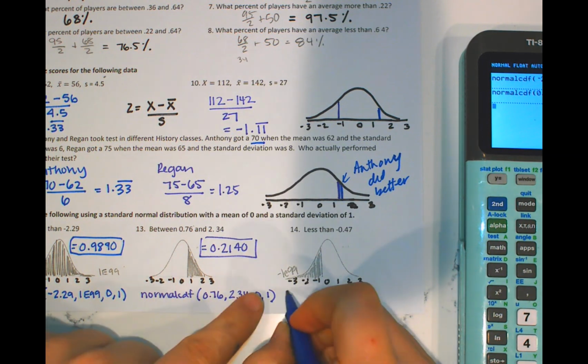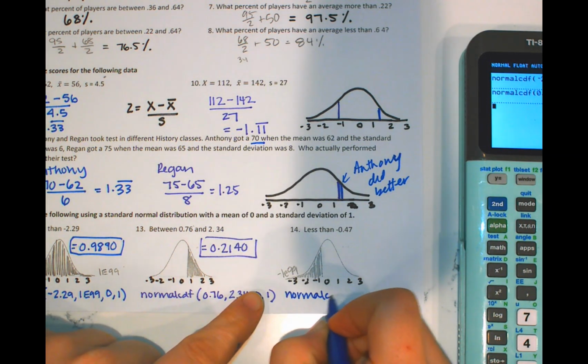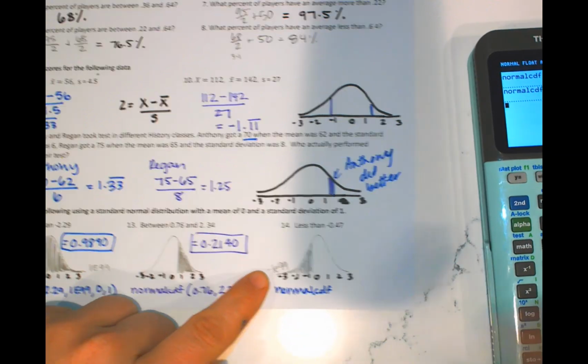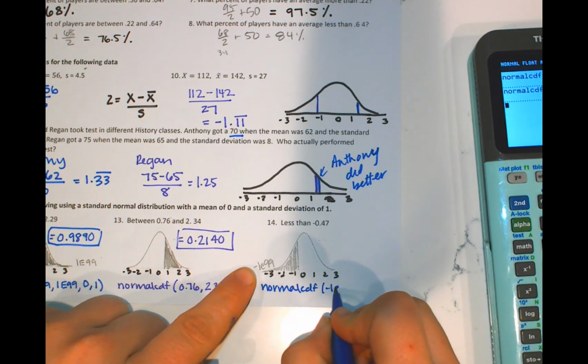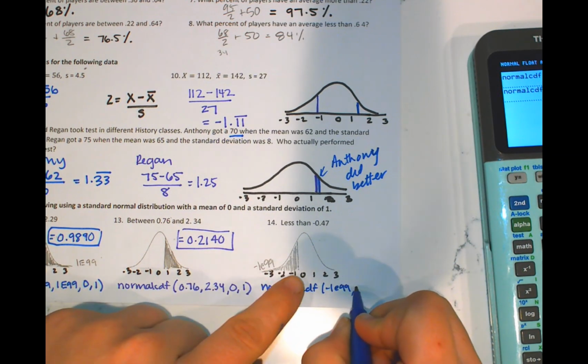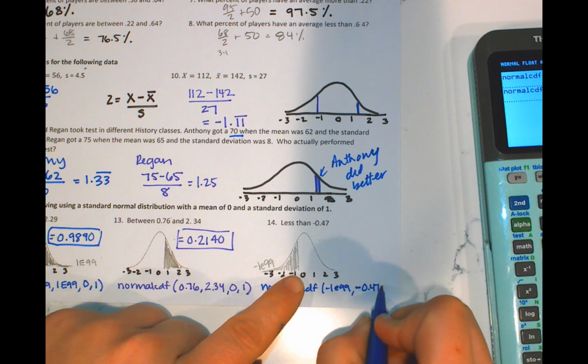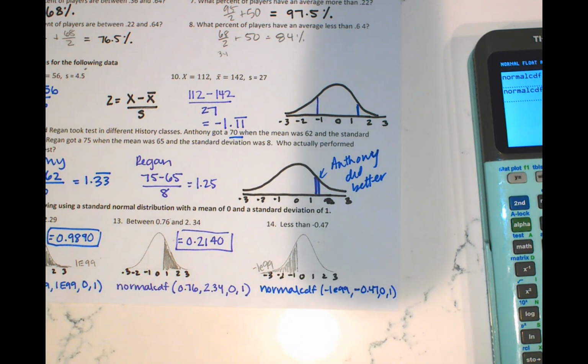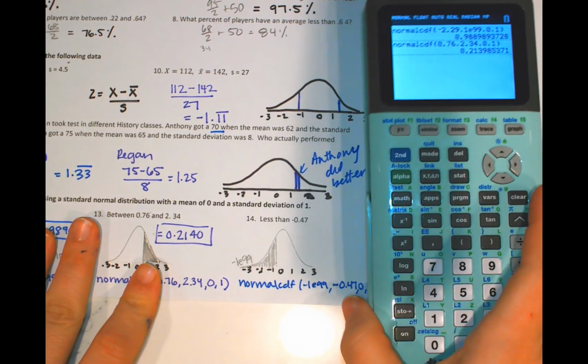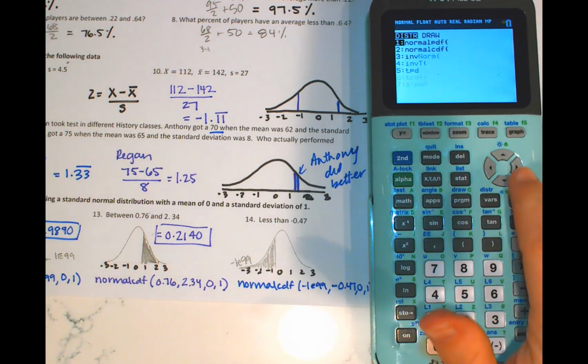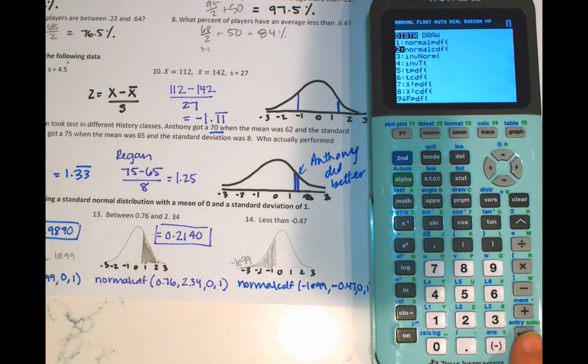So I'll do my normal CDF. This one's going, the lower bound now is negative 1e to the 99. It stops at negative 0.47. My mean is 0. My standard deviation is 1. So second vars, go down to normal CDF.